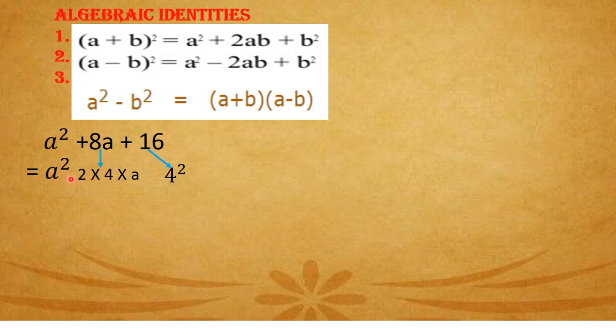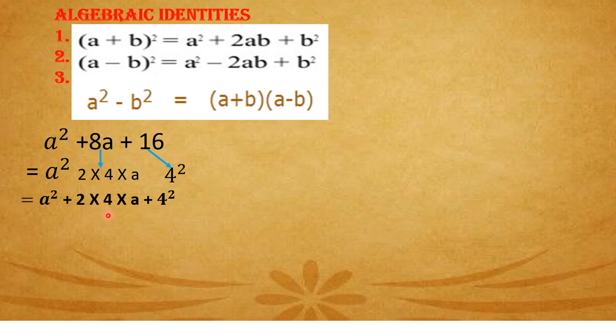So 8a we can write as 2 into 4, that is 8, into a, and 16 is 4 square. So our problem becomes a square plus 2 into 4 into a plus 4 square.